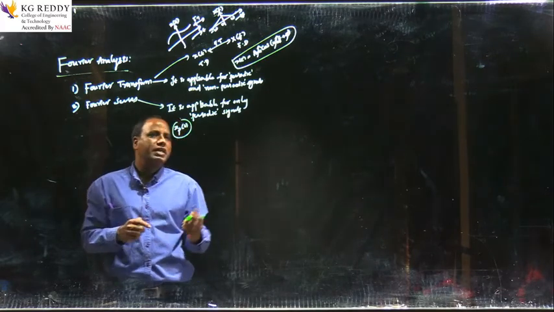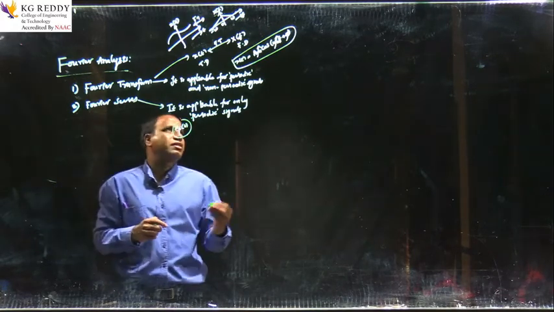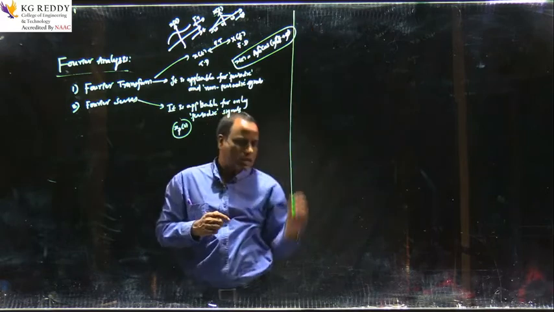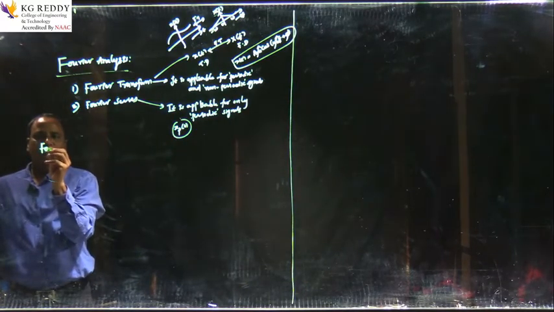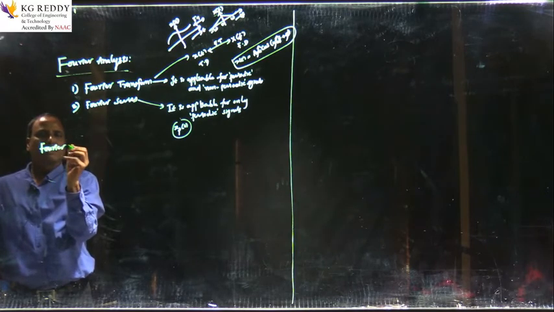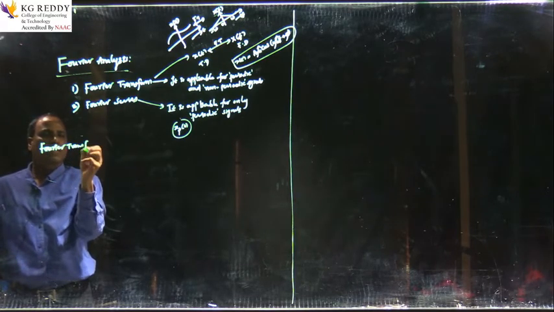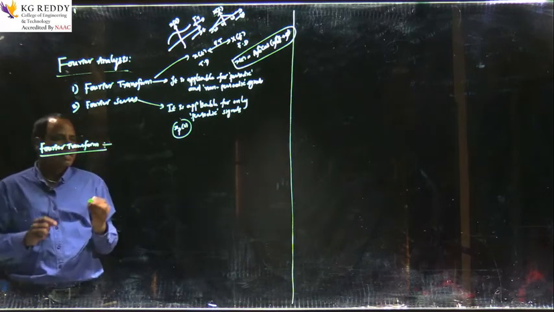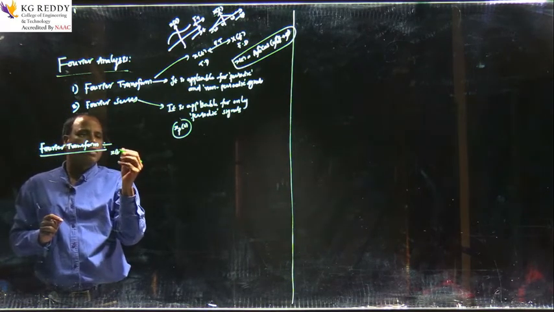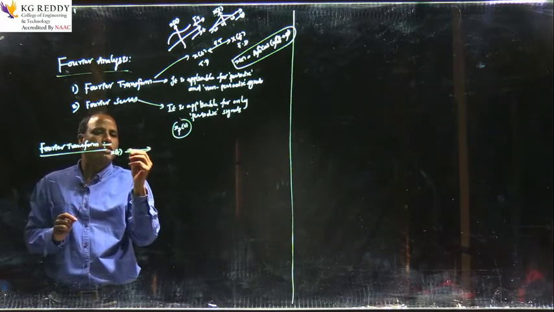Now let us try to focus on what exactly the Fourier transform is, in this particular session in detail. So when I say Fourier transform, I told you this Fourier transform converts a time domain signal to a frequency domain signal.